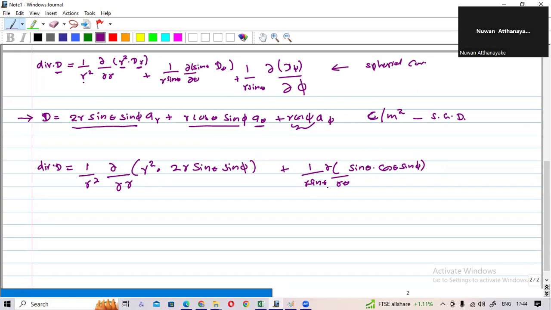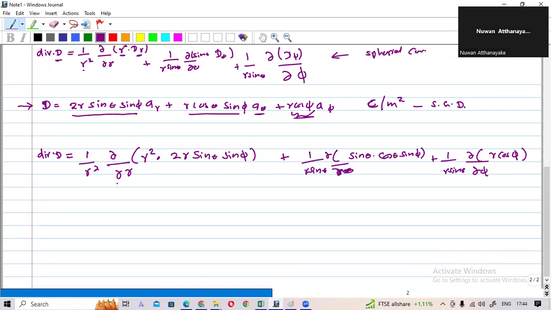Then plus 1 over r sine theta, del by del phi of D_phi, that is r cos phi. So you have to do this evaluation, and that is very easy.